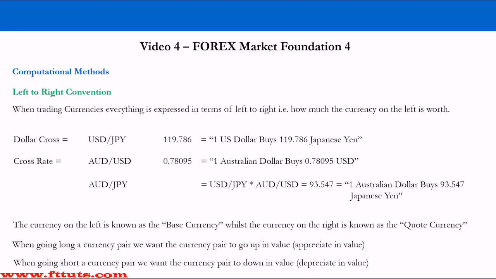And if we want to work out a cross rate from dollar crosses, we can take, for example, the Aussie dollar US dollar, which is currently trading at spot 0.78095, which basically says $1 Australian buys 0.78095 US dollars.